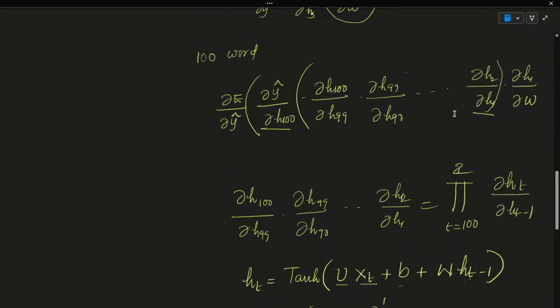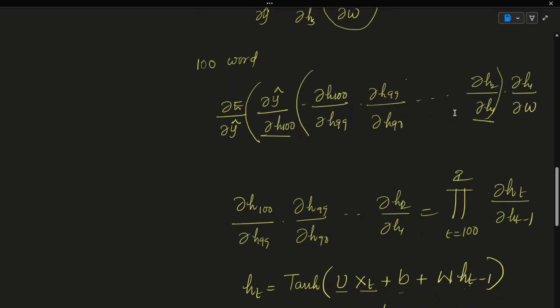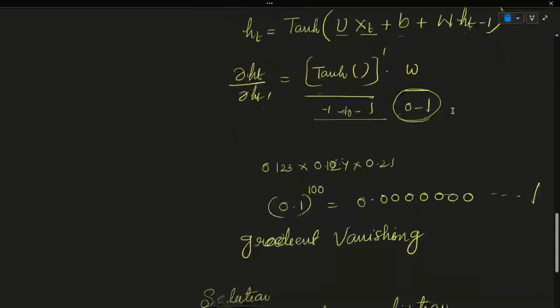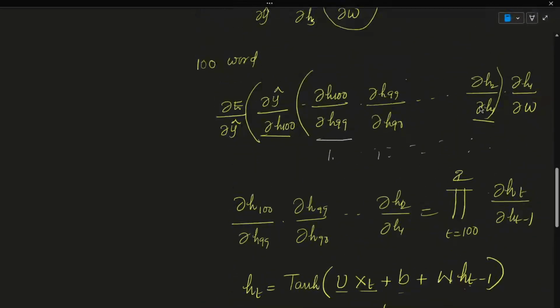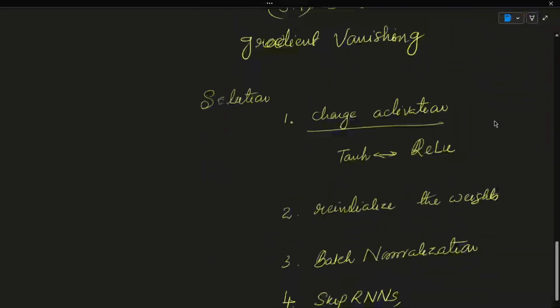Why will that happen? For example, if you have ReLU here instead of tanh, it will be more than 1, let us say. And if you multiply all the terms of more than 1, more than 1, more than 1, and your weights are also more than 1, that will become explosive. So it will be dominating the recent outputs.